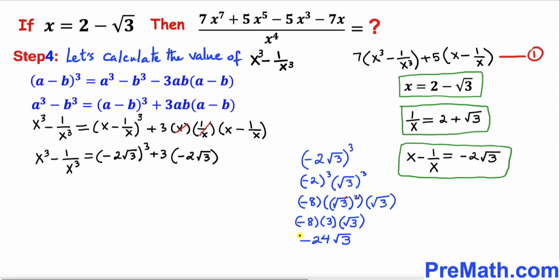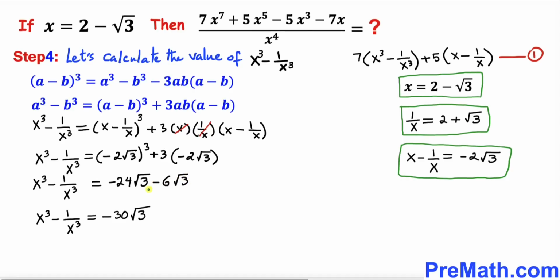So this whole thing has been simplified to negative 24 times square root of 3. So therefore I can write negative 24 square root of 3, and here we can multiply this thing, that's going to give us negative 6 times square root of 3. And now if we combine these like terms, we're going to get negative 30 times square root of 3.